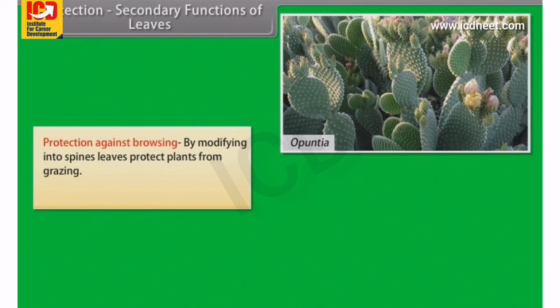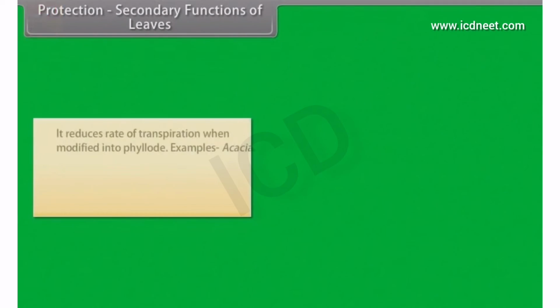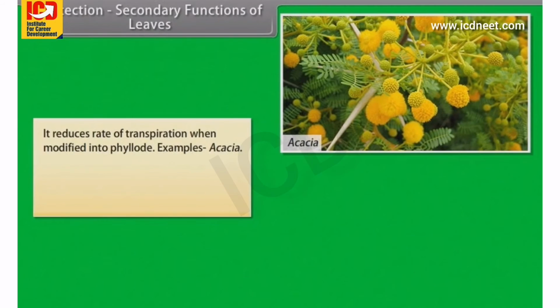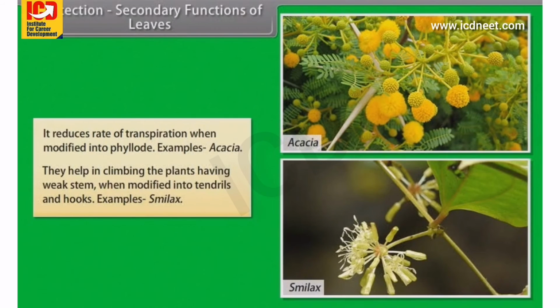By modifying into spines, leaves protect plants from grazing. Examples: Opuntia and barberry. It reduces rate of transpiration when modified into phyllodes. Examples: Acacia. They help in climbing the plants having weak stem when modified into tendrils and hooks. Examples: Smilax.